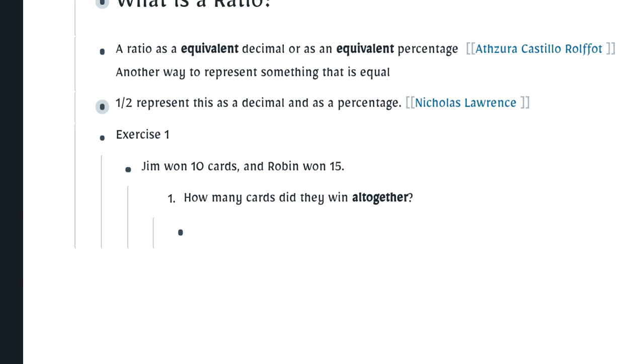So if you remember from the beginning, we talked about some keywords that would tell you what operation you're doing. So if we have two persons and they're saying how much did they win together, what would we be doing? Add. Exactly correct.